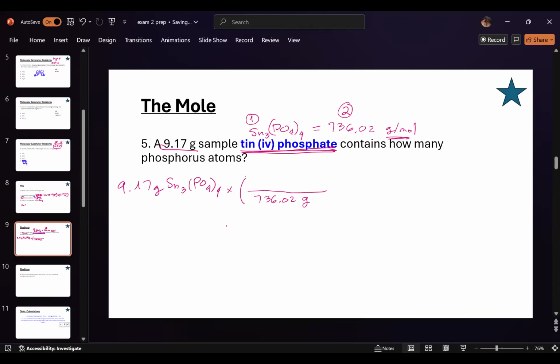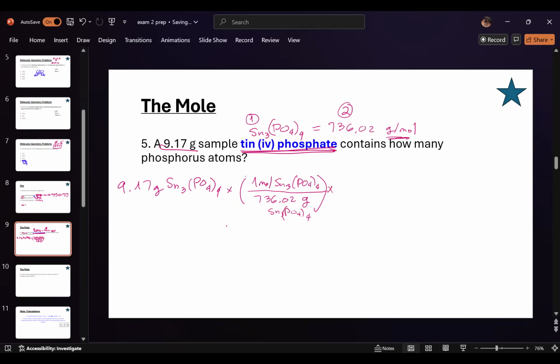So it's like saying 1 mole over this many grams. Now write the units completely so you keep track of everything. I highly advise it. It will do you good. This is taking my own advice. This is 1 mole of tin 4 phosphate.